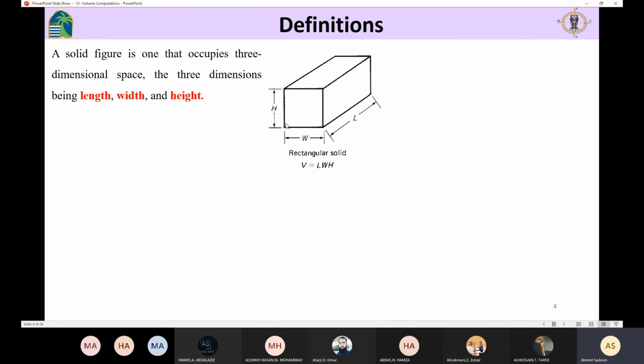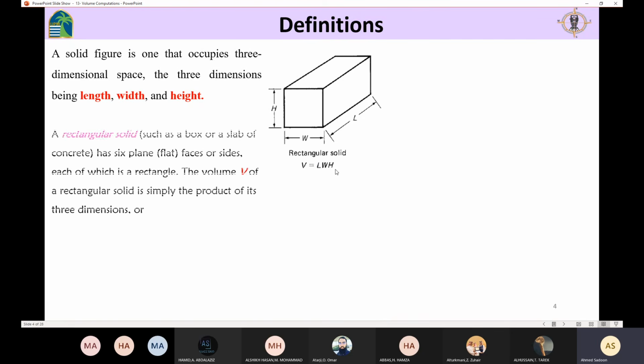In case we have a rectangular solid, the volume is going to be L times W times H. A rectangular solid such as this box, or a slab of concrete, has 6 faces. Here we have 3, and we have other 3 on the opposite sides. And the volume V of the rectangular solid is simply the product of its three dimensions.